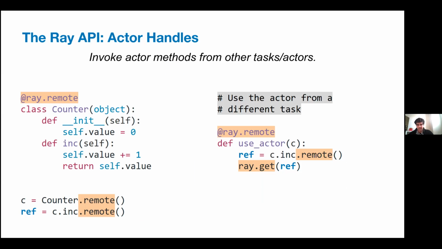Actors can also be passed to other actors, and so you can achieve some kind of communication among all actors when you're working with actor handles. However, there's a pretty high risk of deadlock if you're not careful with how you pass around actors and how you invoke actor handles.